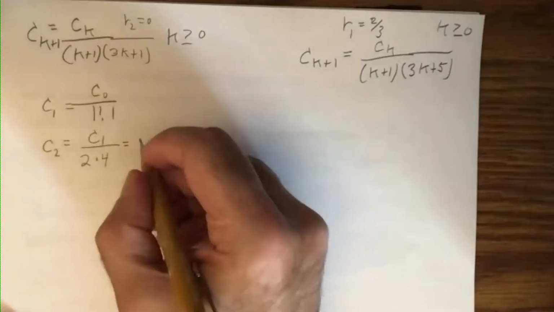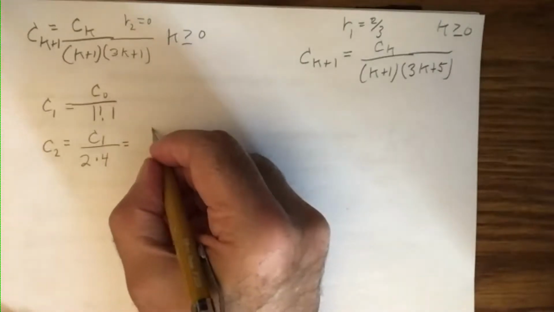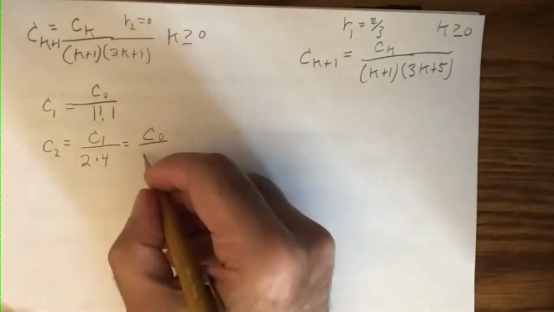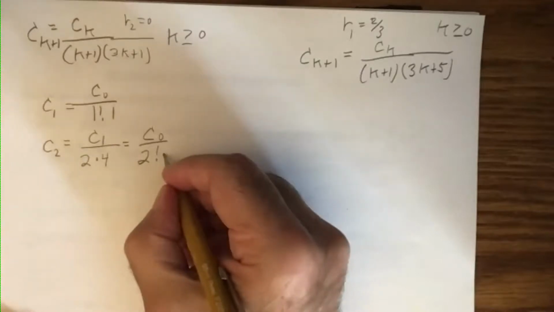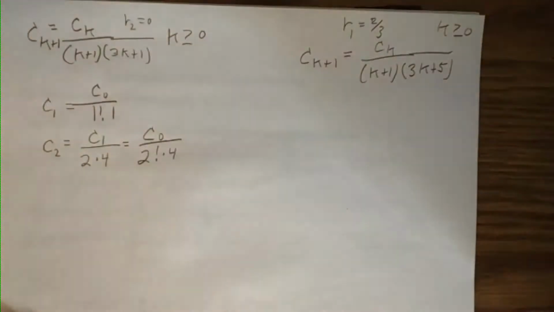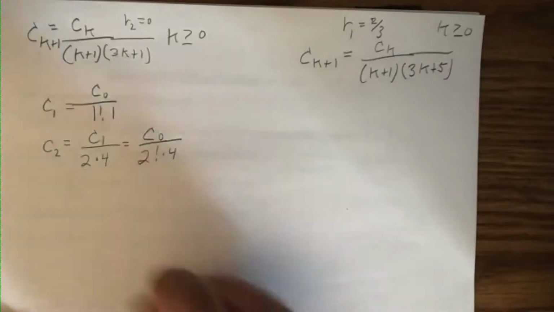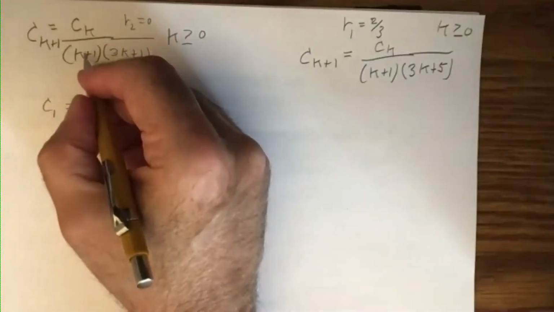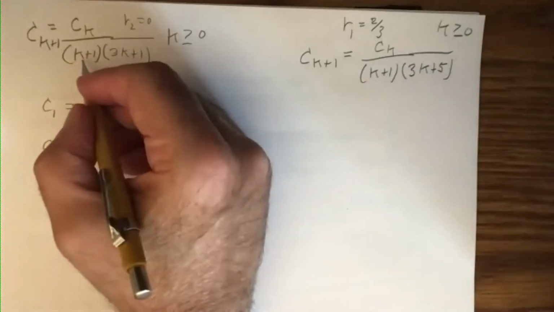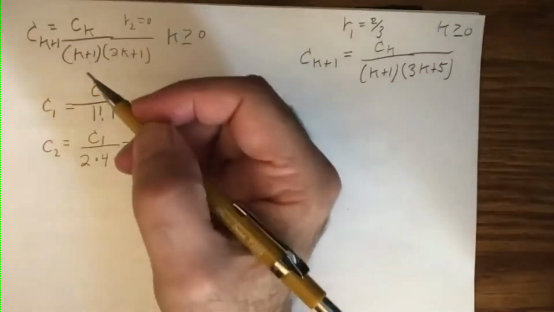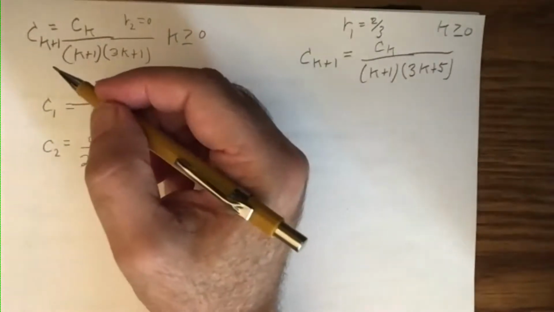So I'm going to write this now as C0 over 2 factorial times 4. I know that when I have this in a recursion relationship and it keeps repeating, I'm going to get factorial. That's why I want to do it that way.